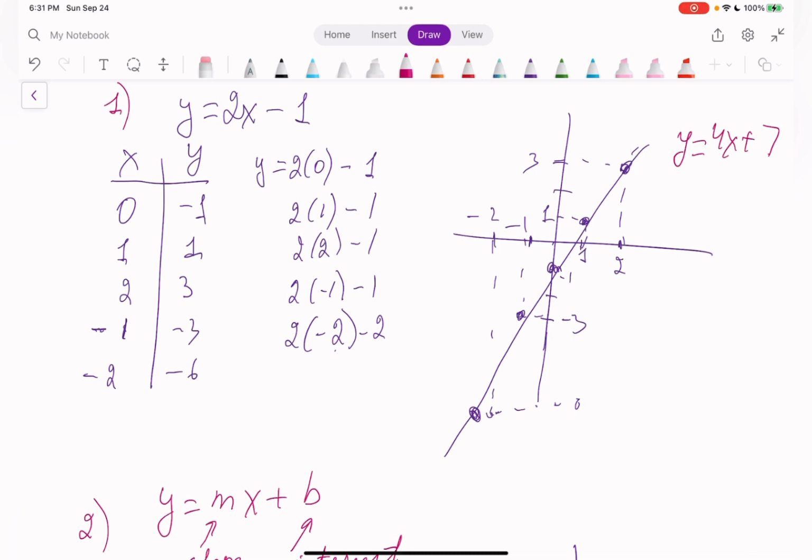If I had numbers that talk to each other, meaning 4, 8, 12, where I can divide easily, then I would use a different method. I'm using slope and intercept when I have numbers that are not easy to divide one by another.